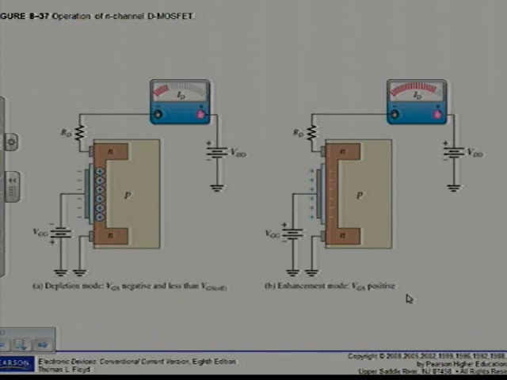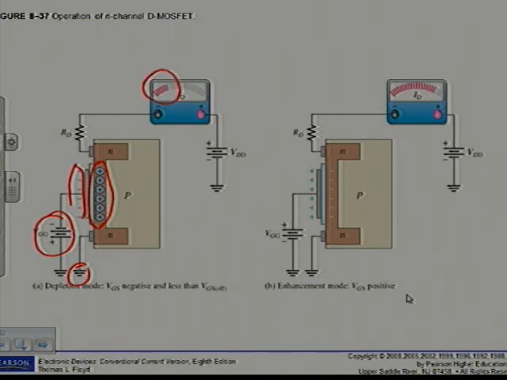In the first case, I apply a negative voltage on the gate, and a positive voltage to the drain, with reference to the source. When I apply a negative voltage, I will have electrons on the outside, like a capacitor, and positive charge in my channel. I will have a current flow, but it will be a small current flow. You can see ID is quite small in that case.